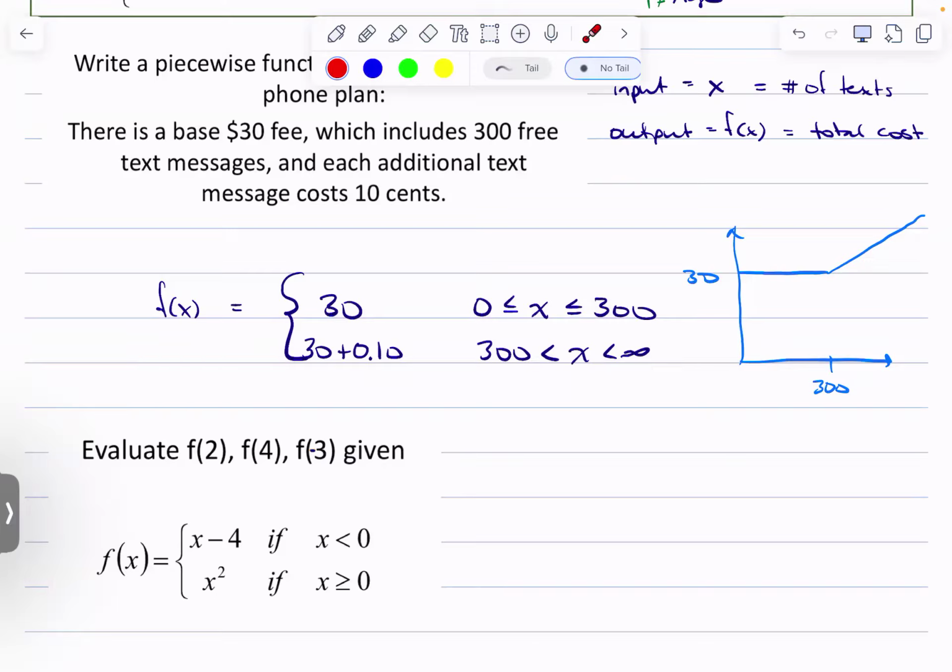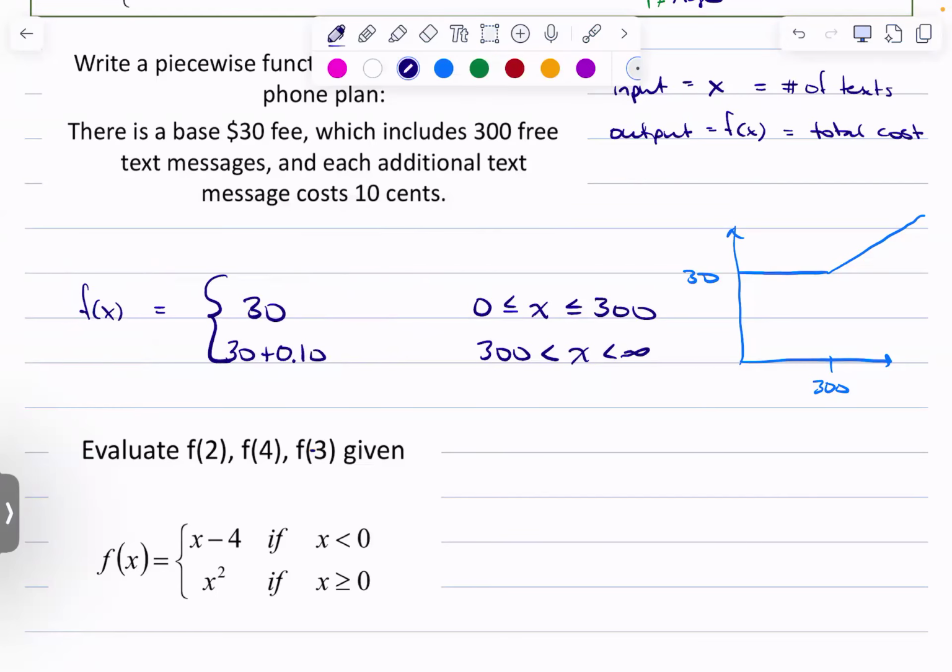And so what we want to do is we want to set x minus 300, right? Because those first 300 are free. This is the sneaky part, so I'll do it in pink. Because then, what does this x minus 300 become if I've sent 302 text messages?